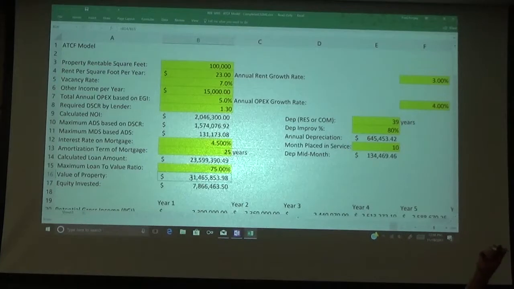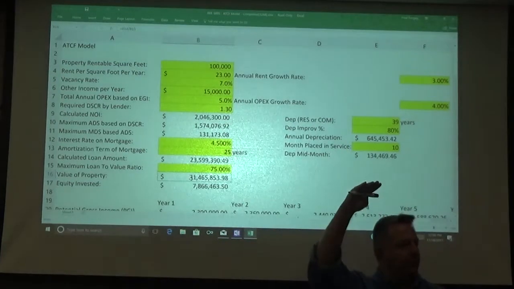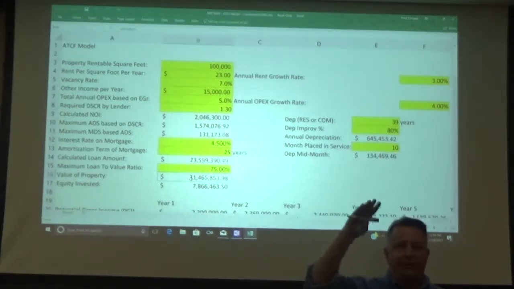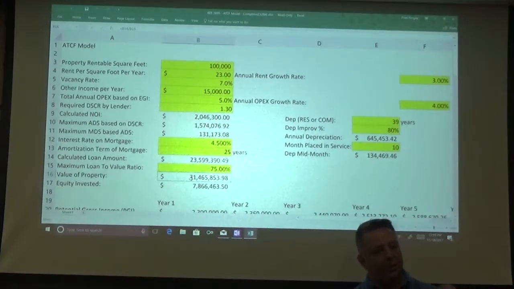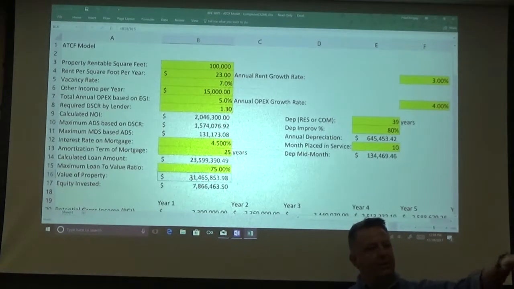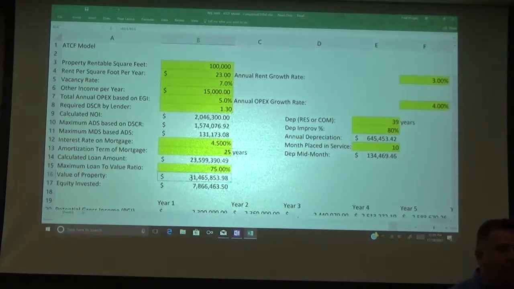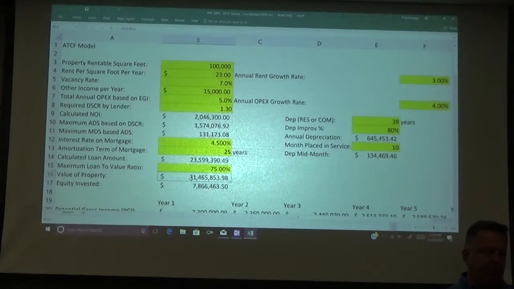So if you place it into service at the 1st of the month, or the 30th, the 31st, or the 5th, the 20th, whatever, the IRS automatically makes the assumption that it's placed into service on the 15th, or middle of the month. That's called the mid-month convention, okay? So you've got two things going on here that are important. One is the month that it's placed into service, which month in the year, and the other is the mid-month convention, so that you only get half a month.